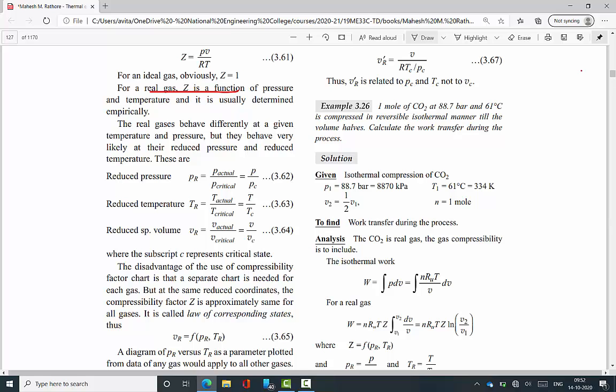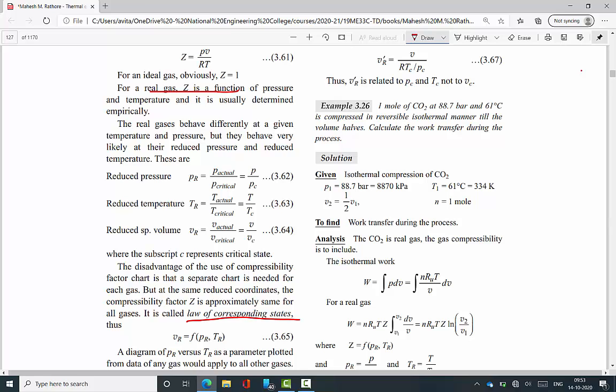Every gas behaves differently with different pressure and temperature, so we cannot draw a chart for each gas. Using reduced properties, the Z value is more or less the same for all gases.